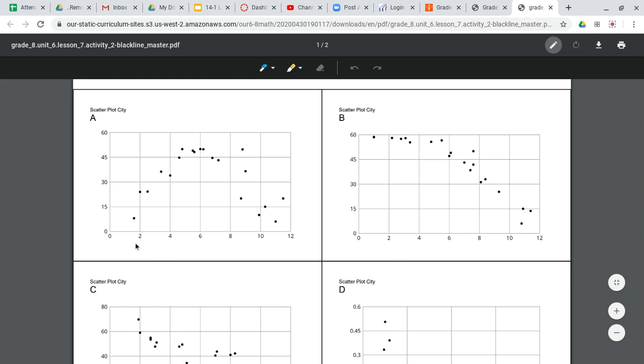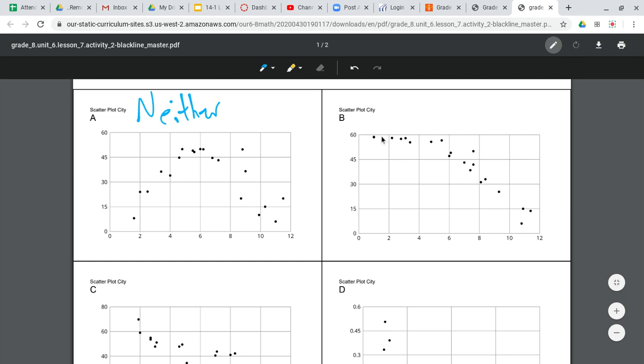If we look at this first one, A, what kind of association does it have? Does it have a positive association? Are all our points going up as we go to the right? Nope, not all of them. We've got a good portion, we've got these right here, but then what happens with these points? They kind of go down. So, does it have positive or negative? It's got neither.